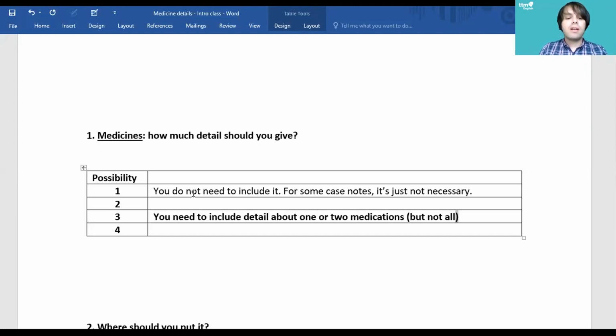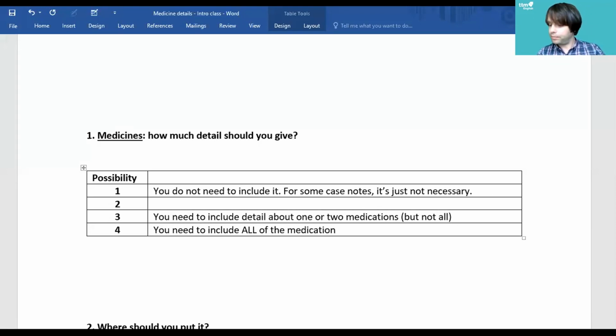If you're very, very unlucky, let me ask this question to Zenobia. If you're very, very unlucky in the writing exam, what will you need to do? Sometimes you need to include all of the medication.